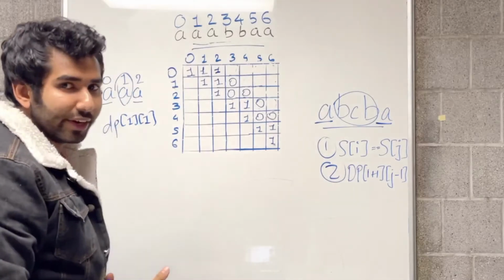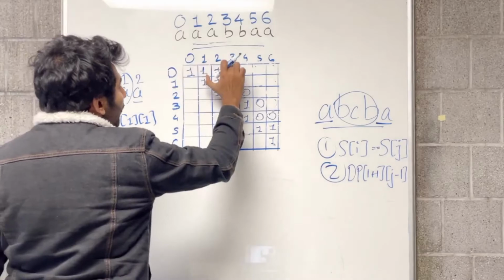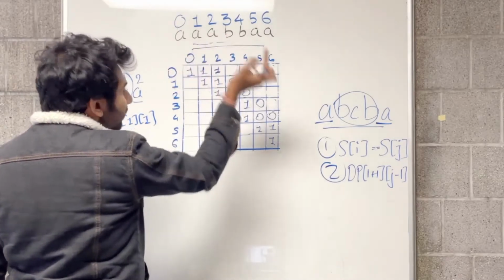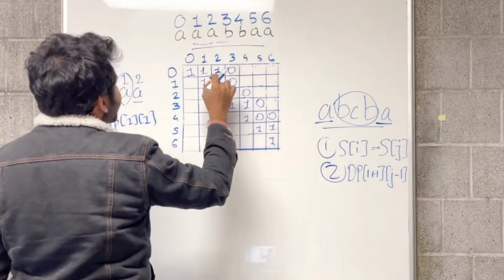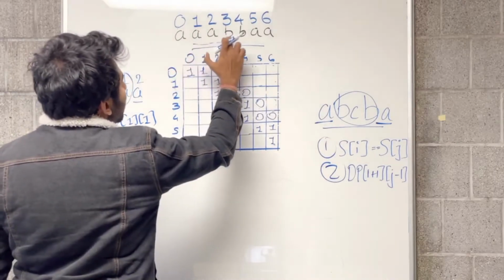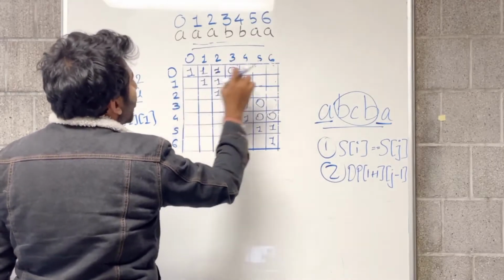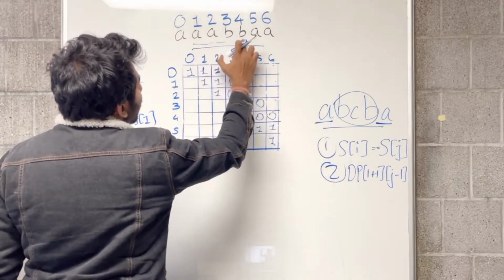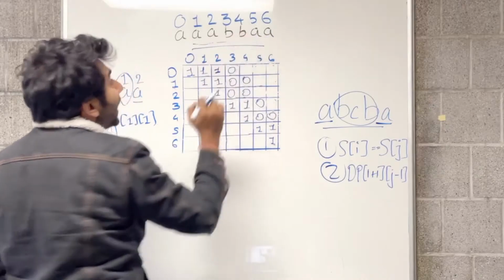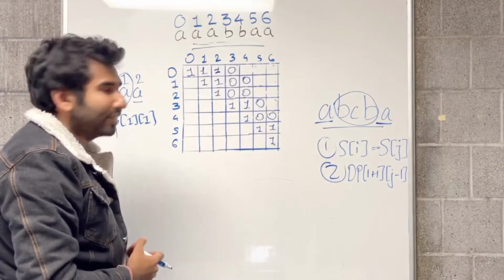Now we'll start considering substrings with length 4. The first substring starts from 0 and ends at 3, AAAB. Again 0. The second one starts at 1 and ends at 4, AAAB. Again 0. Then 2 to 5, AA, AB, BA. Now the first and last characters are the same, which means the first condition is satisfied.